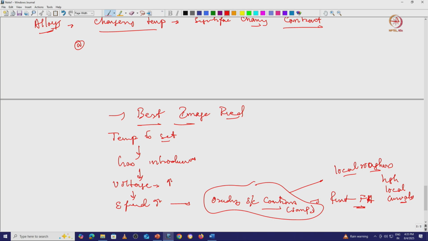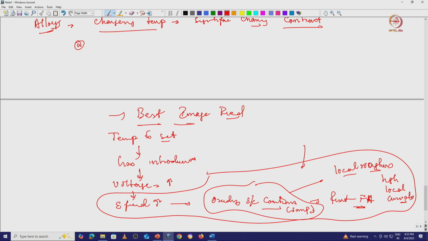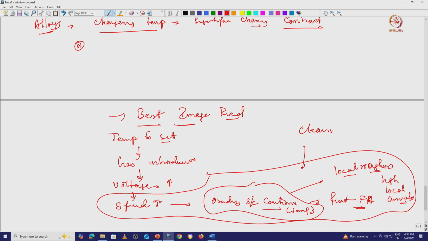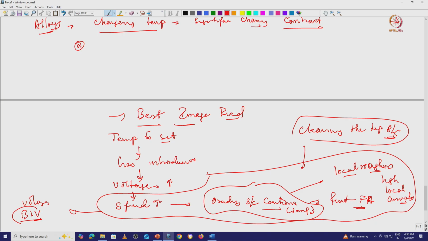So basically in this stage of FIM, you are cleaning the specimen, cleaning the tip surface. Then after the cleaning of the tip surface, the voltage is increased up to a value of BIV, which also corresponds to BIF.